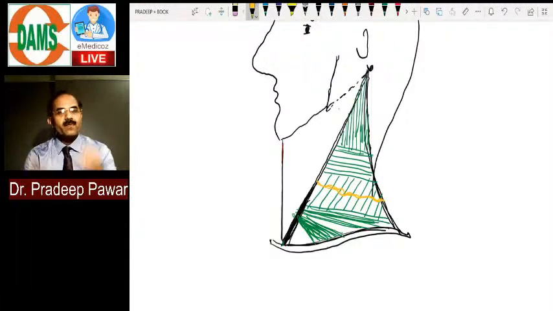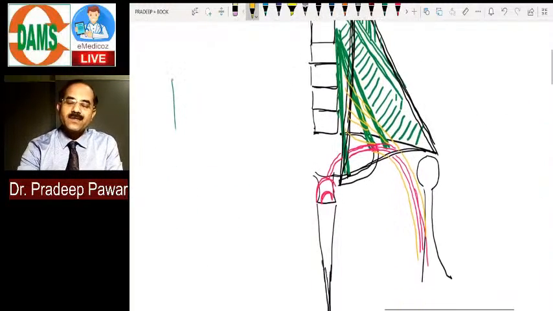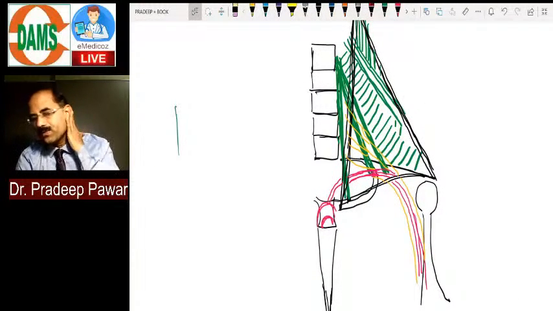Following this, the most important content of the posterior triangle is the spinal accessory nerve. What else? One is the brachial plexus, second is the subclavian artery. Just understand one thing: all these muscles are covered by what? Pre-vertebral fascia.